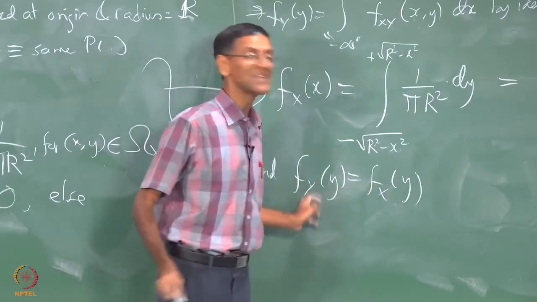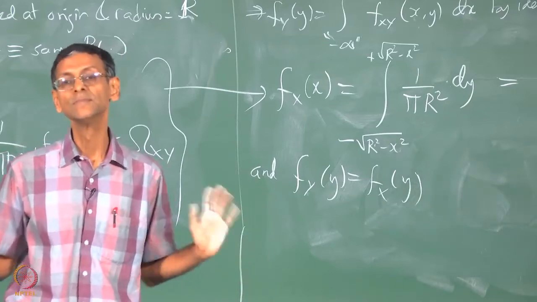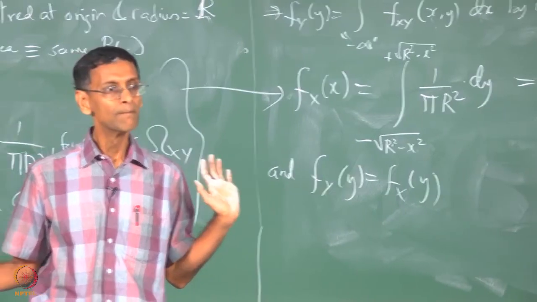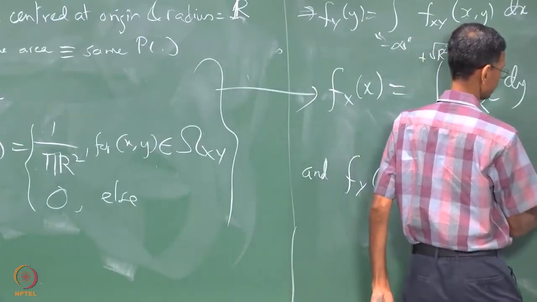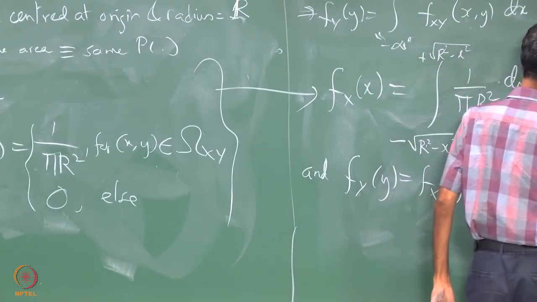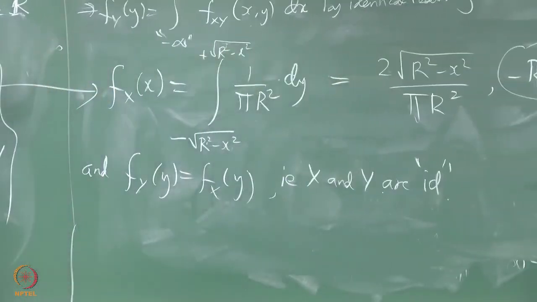So what is the meaning of this statement? It says that x and y are identically distributed, they are ID, with the same statistics, the same range, the same PDF.